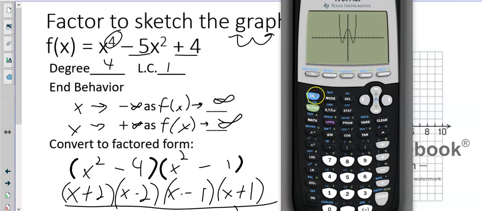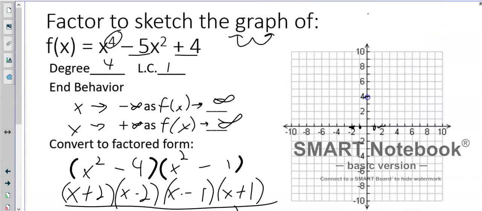Okay, now we'll see if we have any numbers we can use. Not really. 0, 4 is about it. So 0, 4, we have that right there.